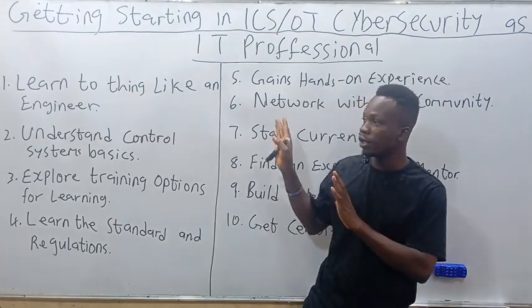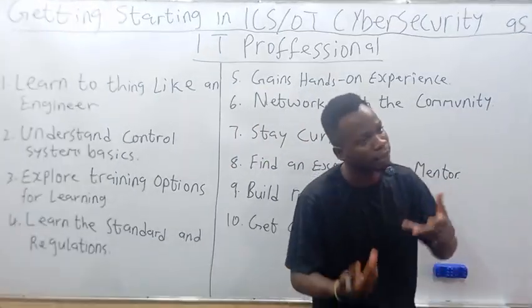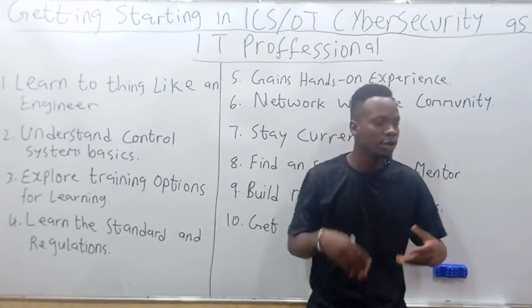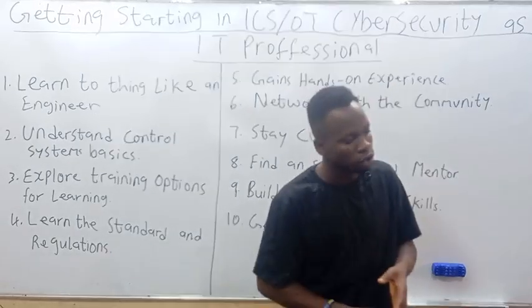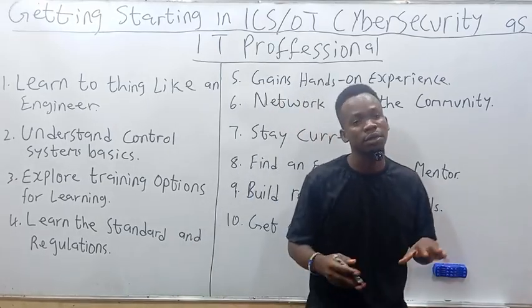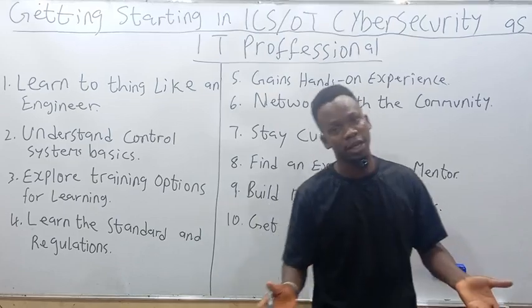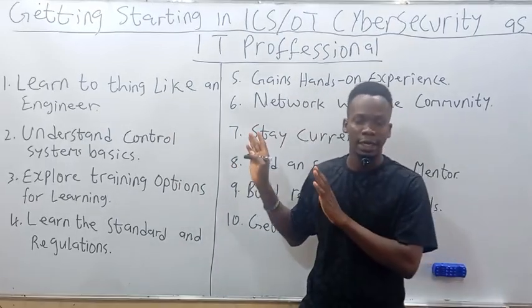Now in OT, engineers think about pressure, temperature, flows, safety margins, and then what happens if something fails physically. So those are the things we think of in this area.